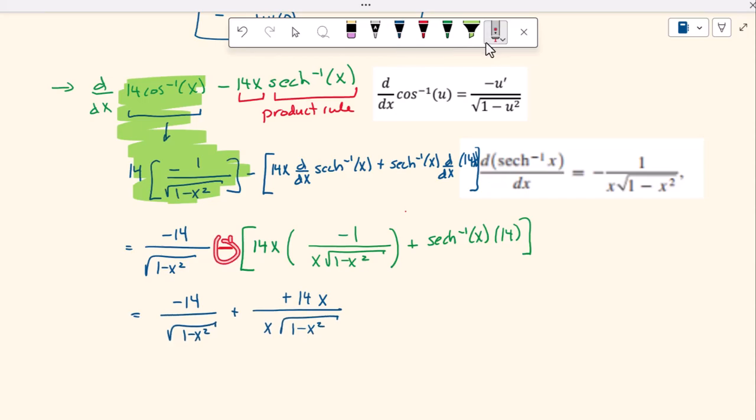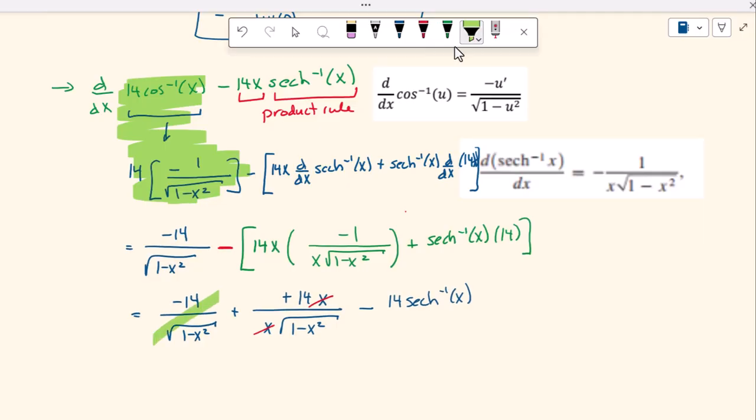And this negative went here. Now it's going to come over here. So that's going to be minus 14 inverse hyperbolic secant of x. So these cancel. Whoops, not that. The x is what cancels here. And then we also have something else that cancels next.